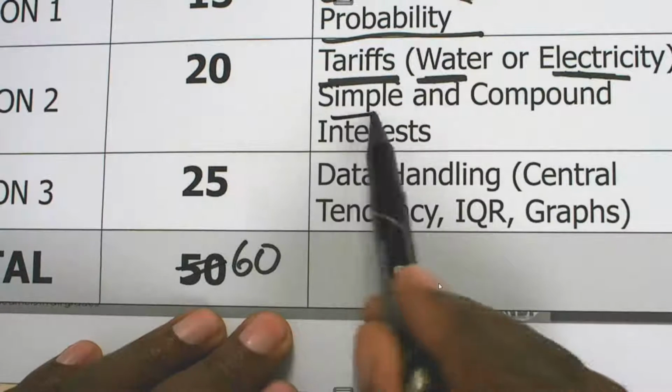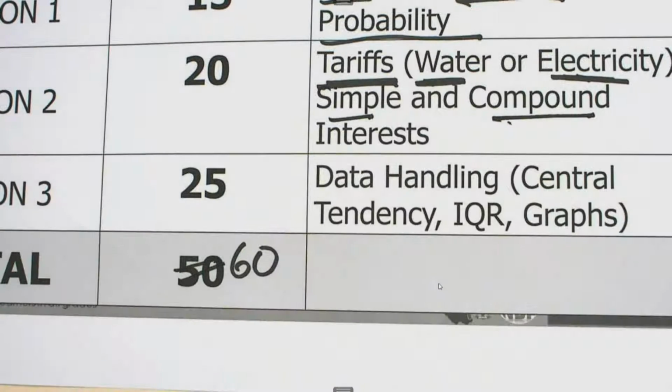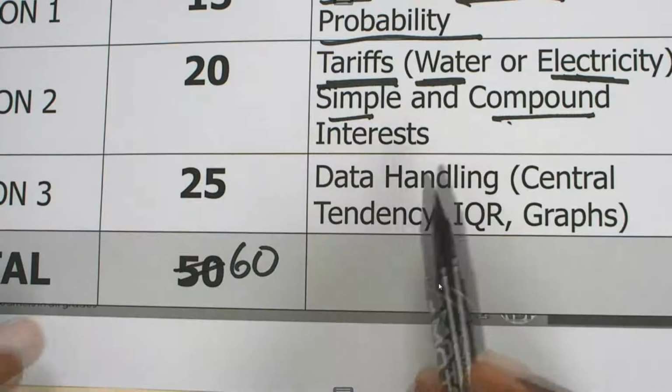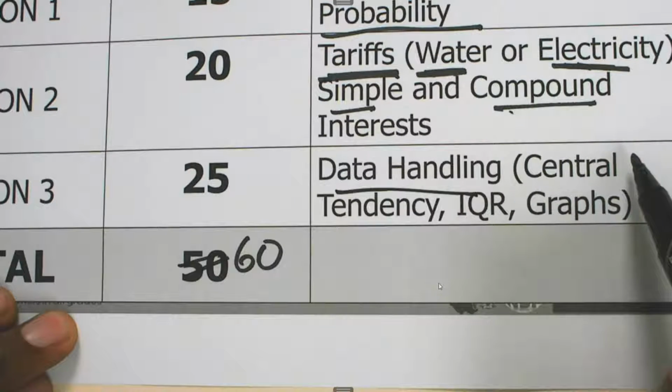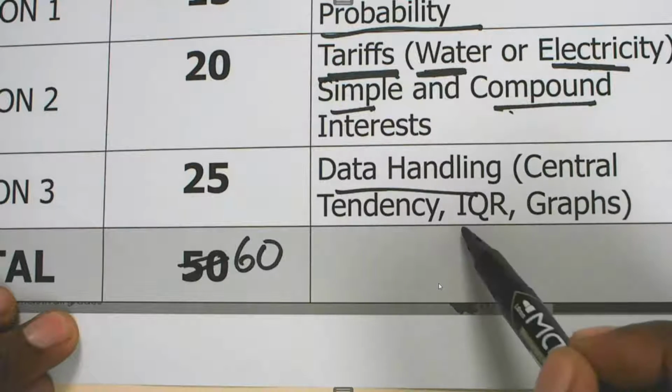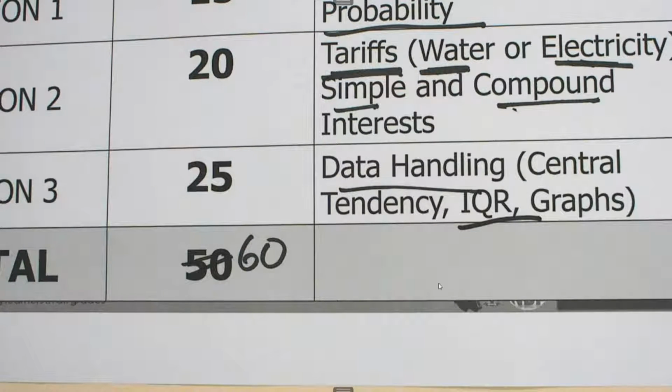And simple and compound interest. Know the difference between simple and compound interest, and how to use the percentages in finding simple and compound interest. And also the data handling: know your measures of central tendency, your interquartile range, and know how to draw graphs. I promise you, you are going to pass this test. You'll get your 60 marks, voila, in the pocket.